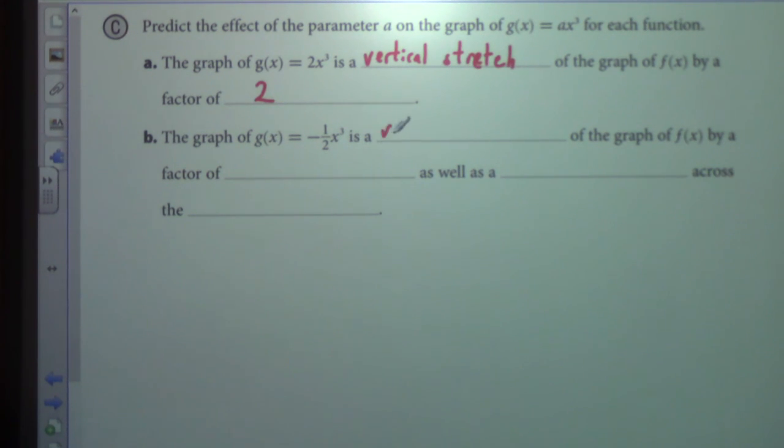Compression. Vertical compression, okay? By a factor of 1/2, as well as a what? Starts with an R. Reflection about the x-axis. Across the x-axis.